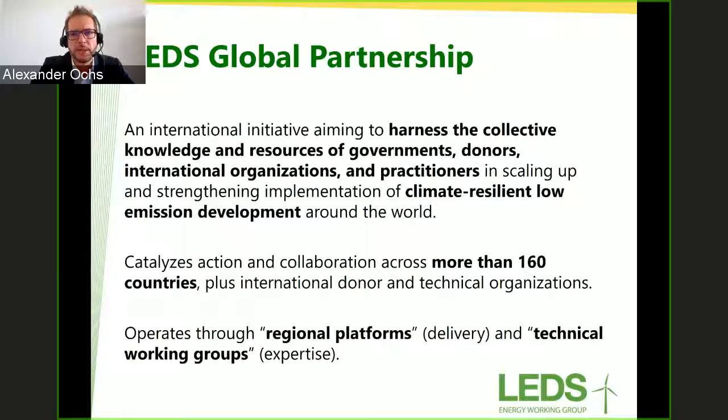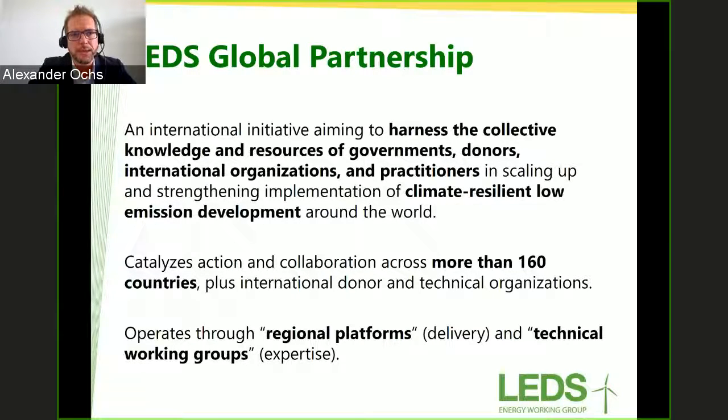It tries to harness the collective knowledge and resources of technical assistance providers, of governments, of international organizations, of practitioners from different origins, and it uses this collective knowledge to try to scale up and strengthen climate resilient and low emission development around the world. There are now more than 160 countries that are engaged in the LEDS Global Partnership, plus international donor and technical organizations.